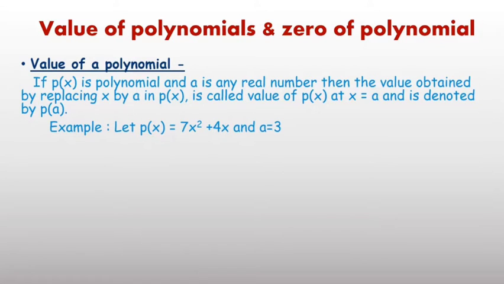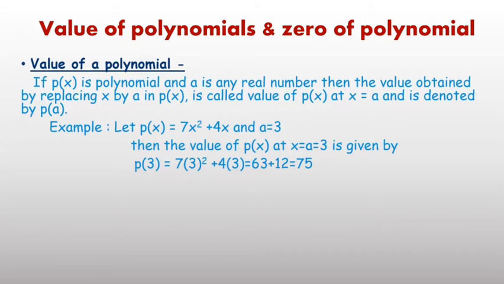Let p(x) equal 7x square plus 4x and a equal to 3. Then the value of p(x) at x equal to 3 is given by p(3) equals 7 into 3 square plus 4 into 3. 7 into 3 square equals 63, plus 4 into 3 is 12. 63 plus 12 is 75.